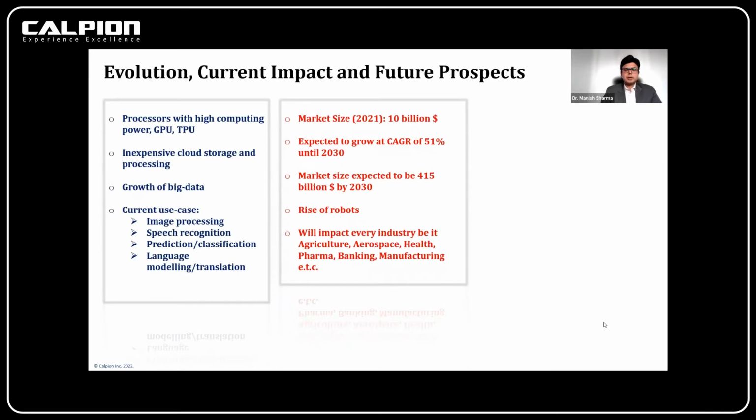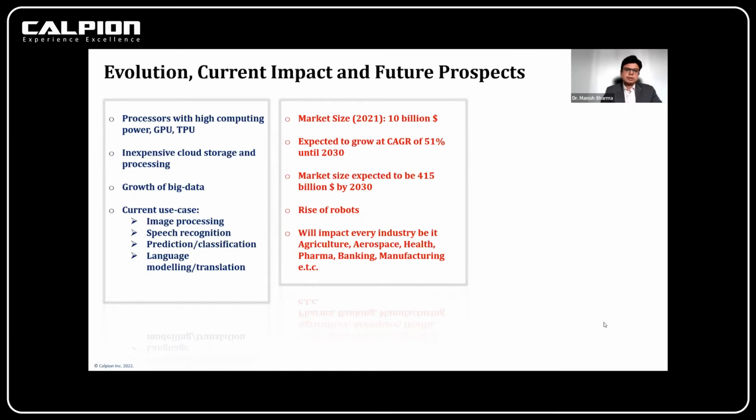Physically, it means that in the next couple of years, we are going to see the rise of robots, the rise of drones, and technology which uses deep learning at the back end, and more work would get automated. In terms of industries impacted by deep learning, I frankly can't think of any industry which won't be impacted by deep learning. So that is the power.